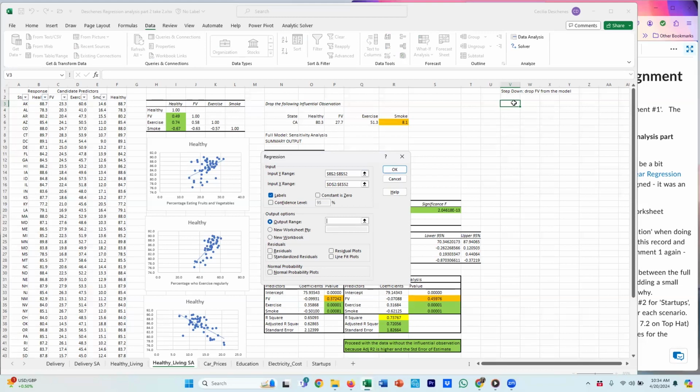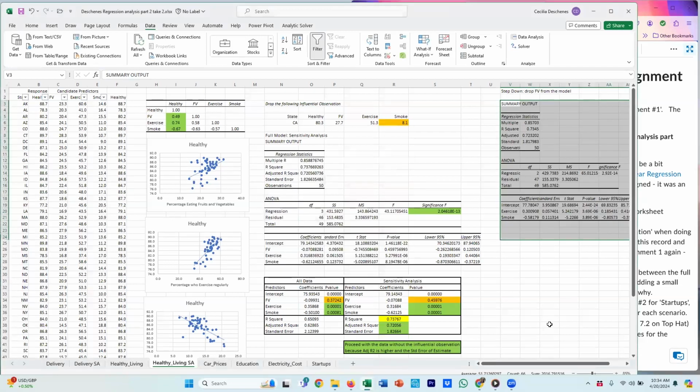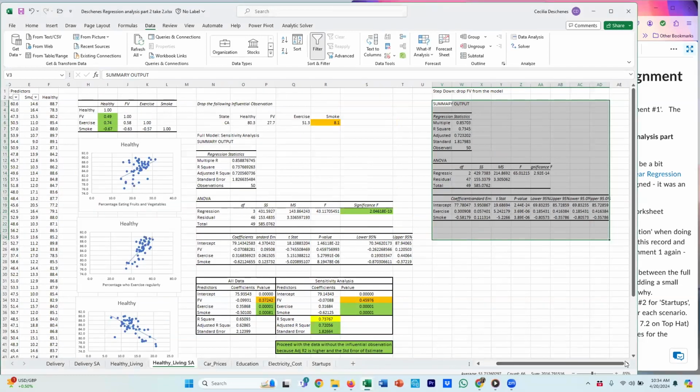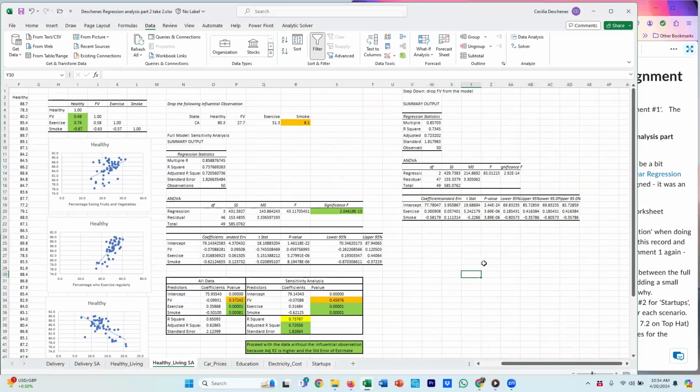And then I'm going to now do my drop down for my predictor range. I'm going to drop FV from the model, and I'm going to just pick up exercise and smoking as the two predictors, and delete the location, and we're going to put this in this spot where we're dropping down. Okay.